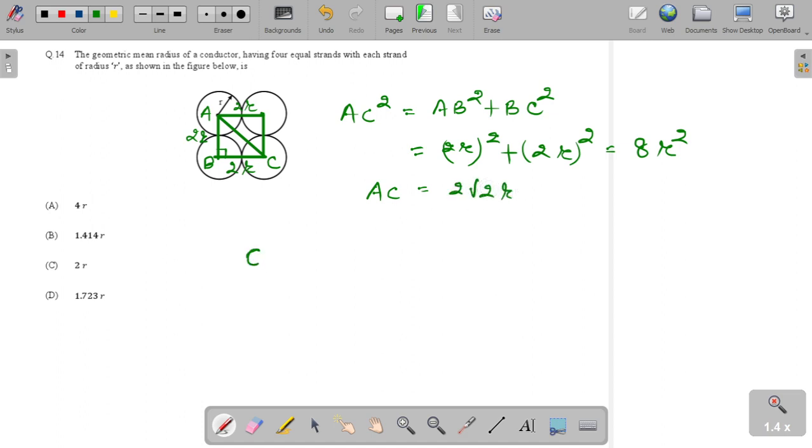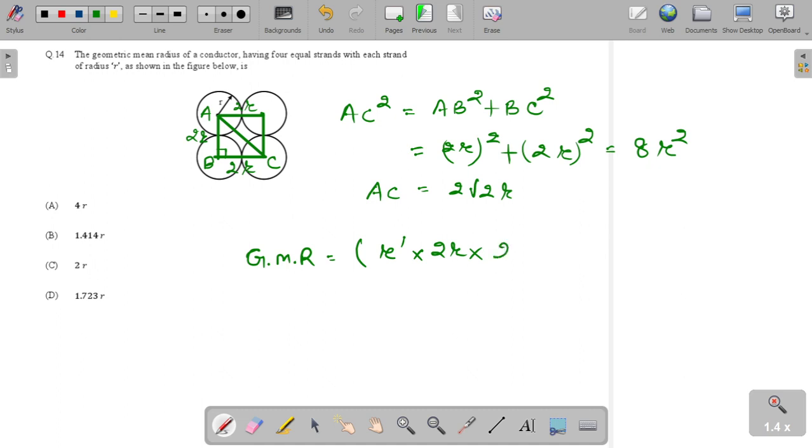So we know GMR is given by r dash. Let us suppose this is the first conductor. The distance center to center will be 2r. Again, suppose this is our second conductor, third conductor.